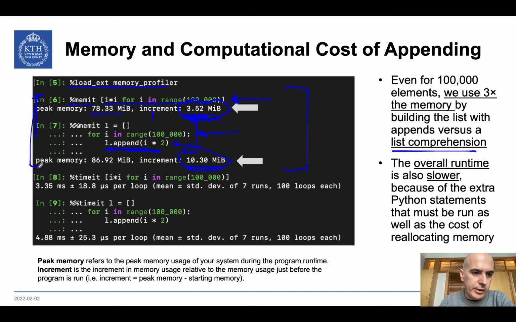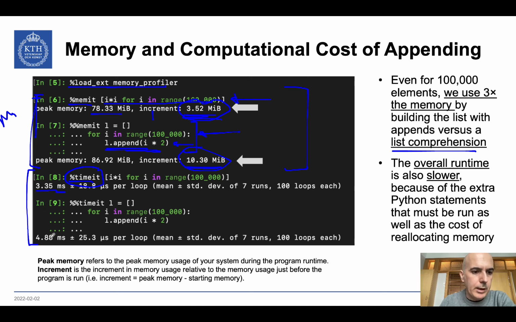That part corresponded to the memory usage, and the second part corresponds to the execution time. In this case, I'm using the magic %timeit command that basically tells us the time. In the case of list comprehension, we get 3.35 milliseconds.